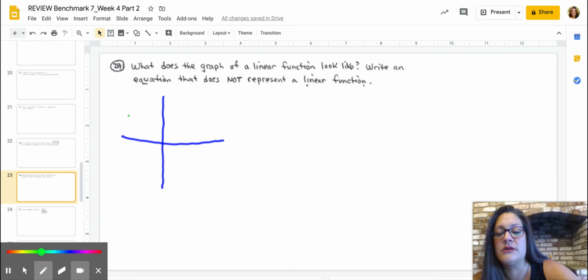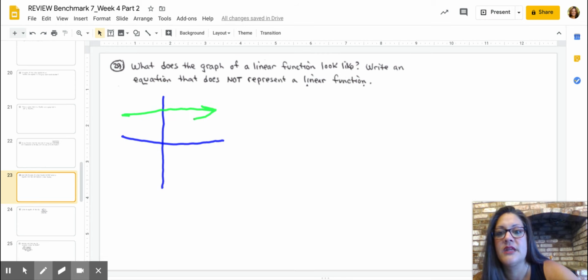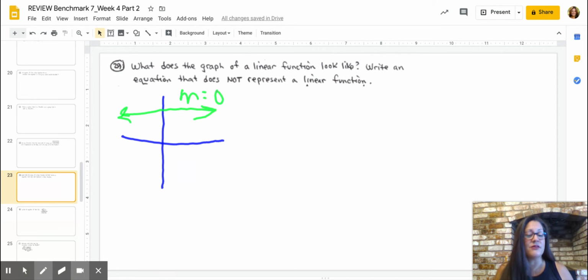With this, the slope is 0 because it doesn't go uphill or downhill, but it cannot be a vertical line. Okay, so it can't be vertical because we can't have a run of 0. It's just undefined.